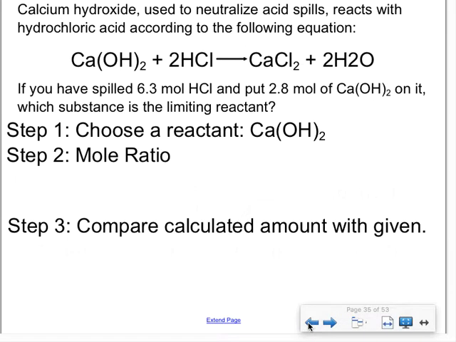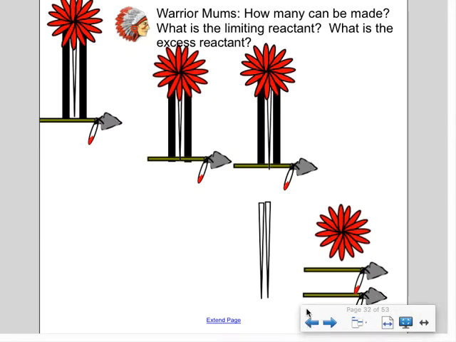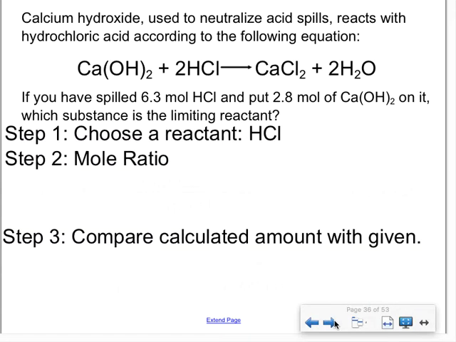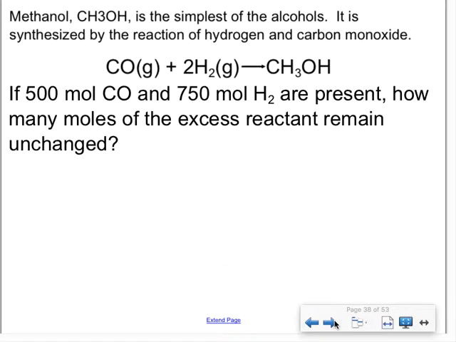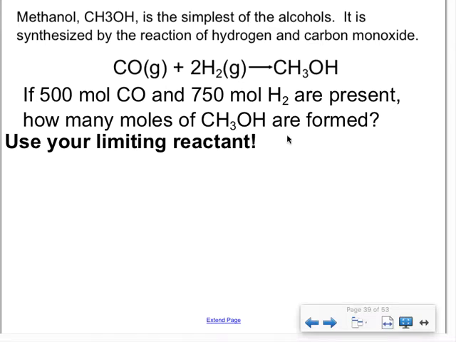You always start with your limiting. You can't create any more because your limiting is gone. So always use your limiting reactant when they ask how much of the product can be formed.